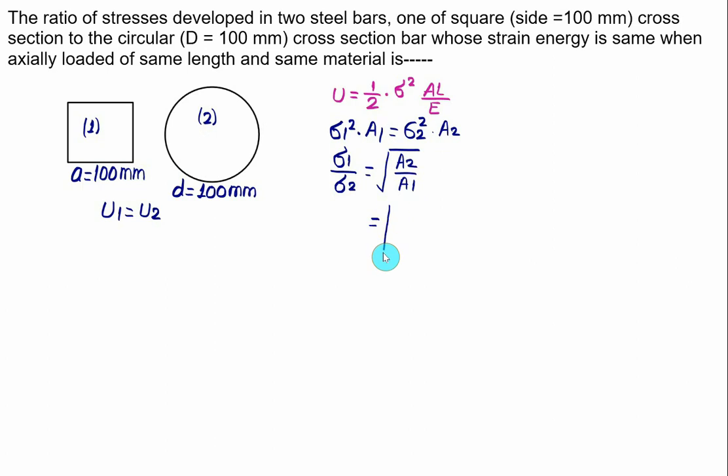A2 is the circular section, pi by 4 into 100 square, divided by A1, the square section, 100 square. 100 square and 100 square will cancel out, so it is simply under root of pi by 4. So the ratio of the stress in a square section to a circular section is root pi by 4, which is equal to 0.886.